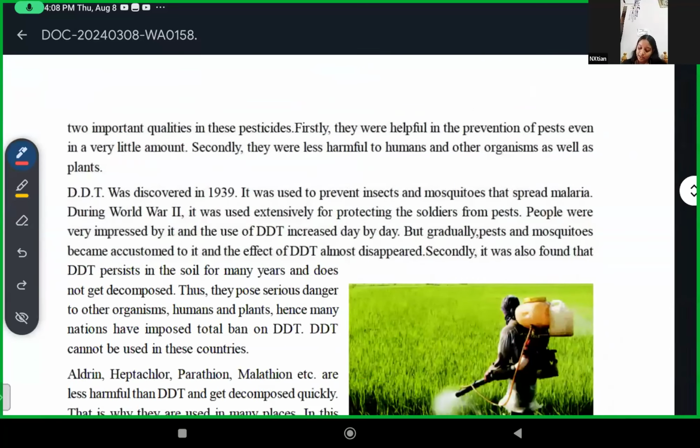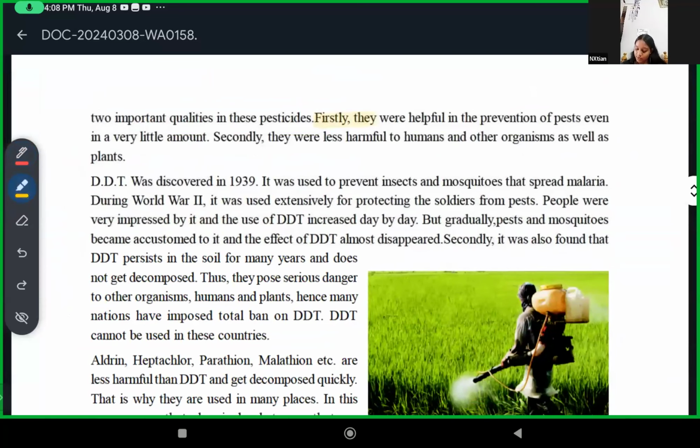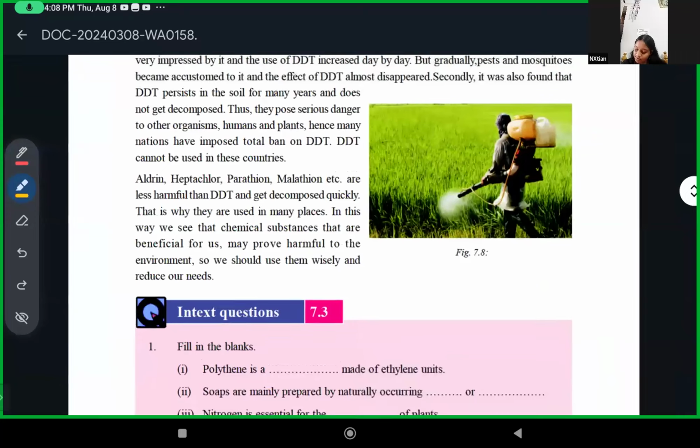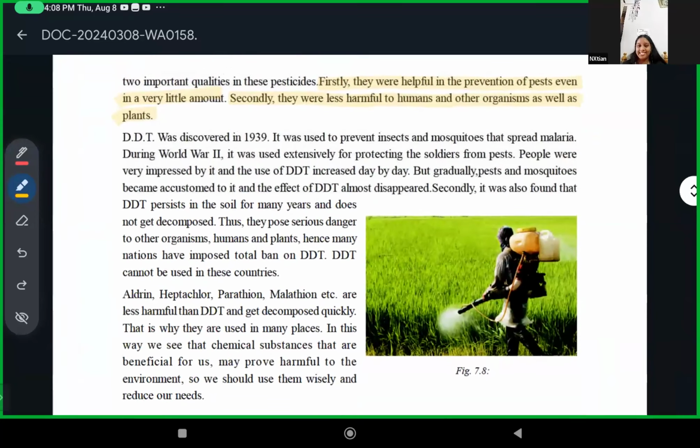There were two important qualities in these pesticides. Firstly, they were helpful in prevention of pests even in very little amounts. Secondly, they were less harmful to humans and other organisms as well as plants. Now this is the history of pesticides.